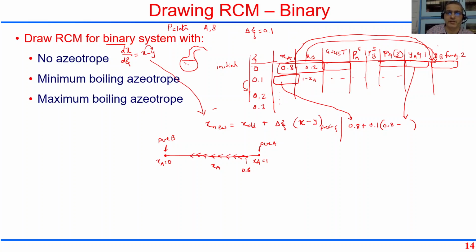What is going to be left in the still is going to be richer and richer in B. Do you agree? Suppose I start with 0.5, it is going to become after some time 0.4, 0.3, 0.2, 0.1. The residue remaining in the still is going to be more and more depleted with respect to the more volatile component. That's our residue curve. So for a binary system, this is how our residue curve is going to look.